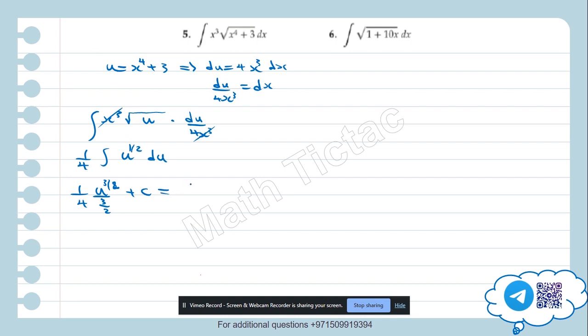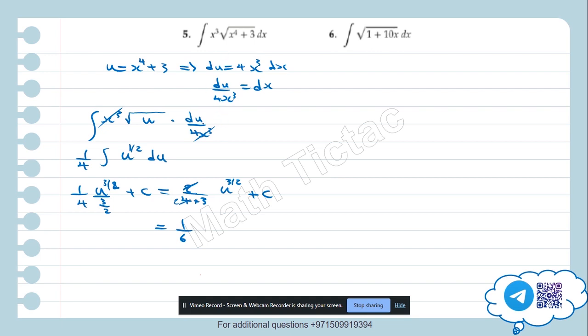Let's simplify this. After flipping, this is going to be equal to 2 over 4 multiplied by 3, times u to the power 3 over 2 plus c. Now 2 with 4 gives 2, so we have 1 over 6 multiplied by u to the power 3 over 2.